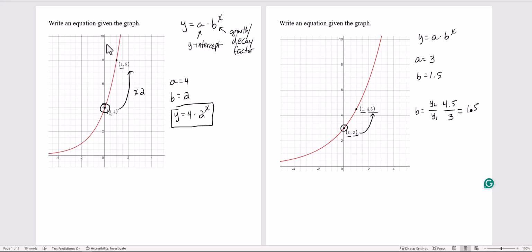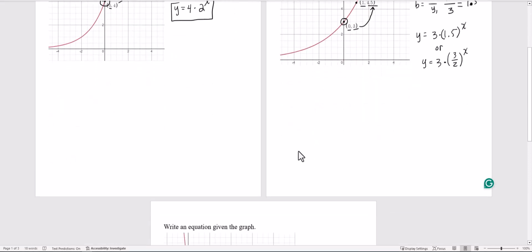So when we go to write this equation, it's going to be y equals, no, not a, my bad, y equals 3 times 1.5, I'll put that in parentheses, to the x. Or you might also see it written in fraction form, so that would be 3 times 3 over 2 to the x. Let's look at one more example.